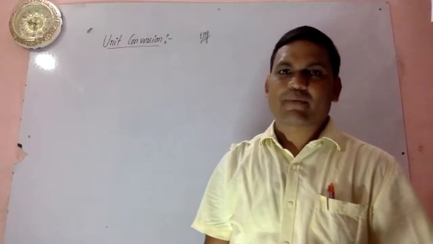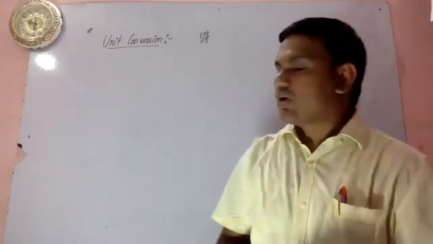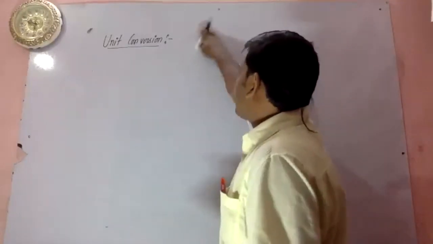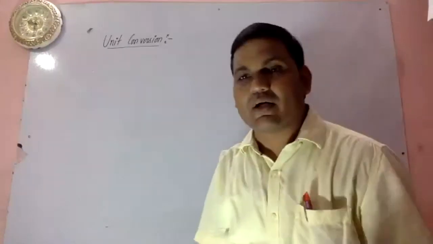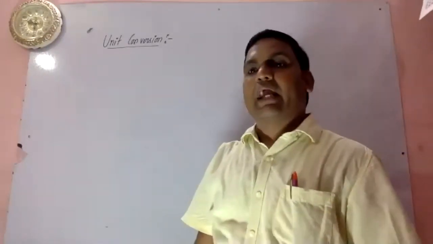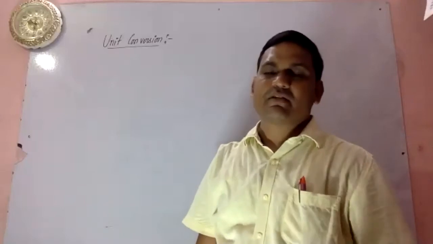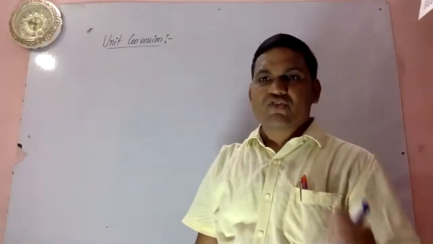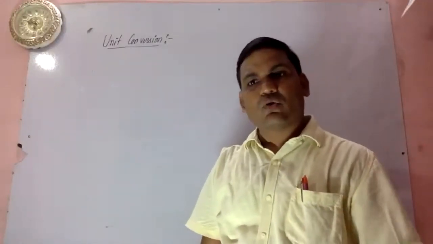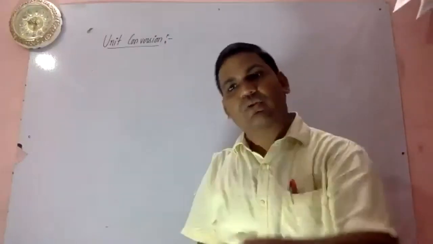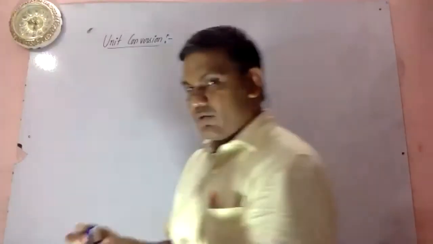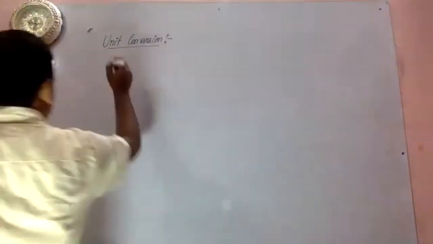Okay, so what we are going to do, we are just going to convert Newton into the CGS unit. Means you have to convert the SI unit of force into the CGS unit of force.